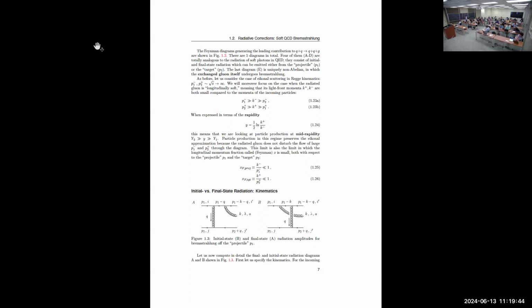Before I do anything to this amplitude, let me write right next to it diagram B, because they're very, very similar.